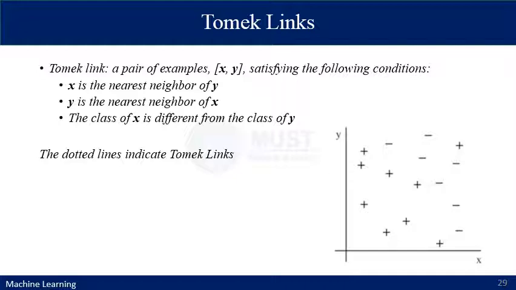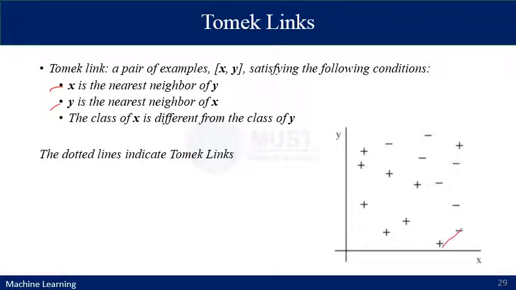An atomic link is a pair of two examples x and y satisfying the following three conditions. We find two examples x and y which are the nearest neighbors of each other. So x is the nearest neighbor of y and y is the nearest neighbor of x, but both have different labels.